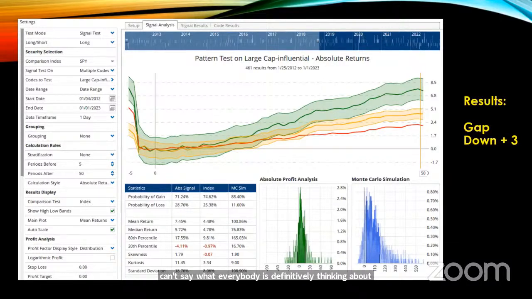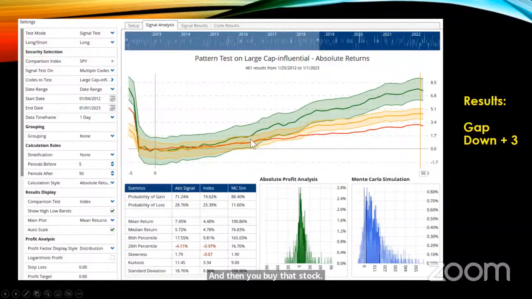But here's one where if it gaps down by more than 1%, and you wait 3 days, just wait 3 days, and then you buy that stock. What happens after you buy that stock?